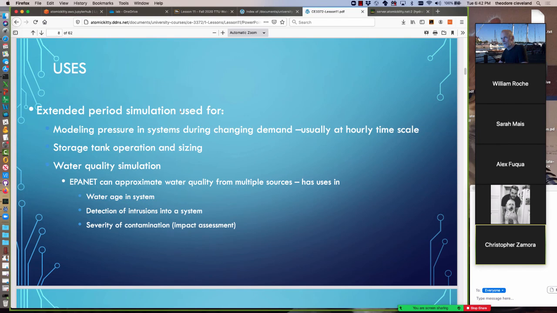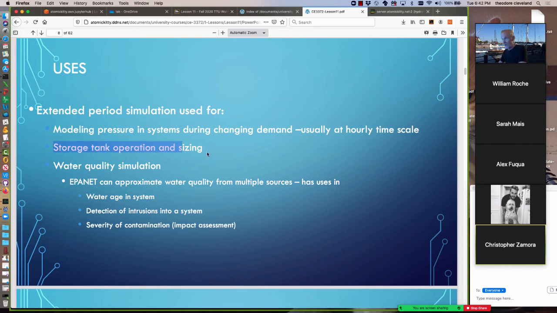Extended period simulation is used for modeling pressures in the systems during changing demand, usually on an hourly time scale, possibly as short as every 15 minutes. Any shorter than that, and one would be realistically concerned about how accurate it would be at replicating the observed phenomenon. It's used for storage tank operation and sizing.